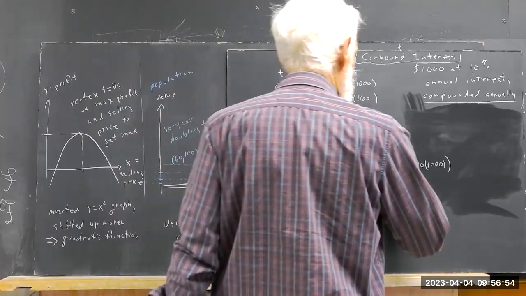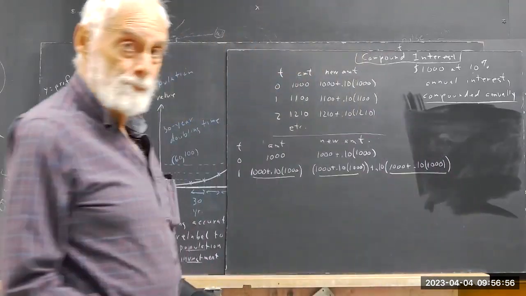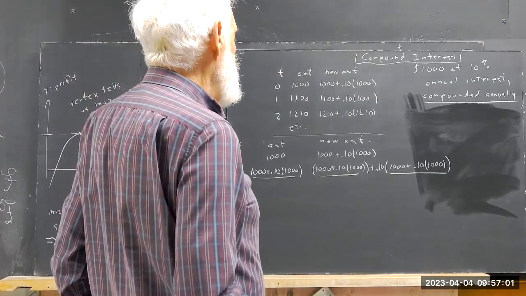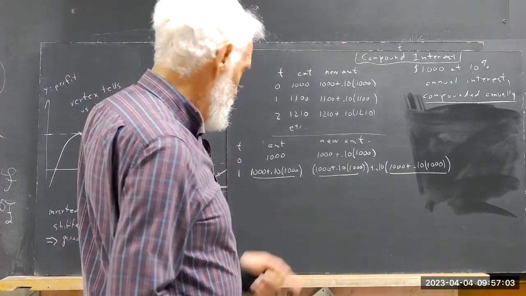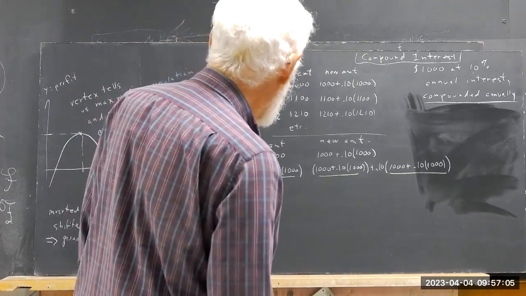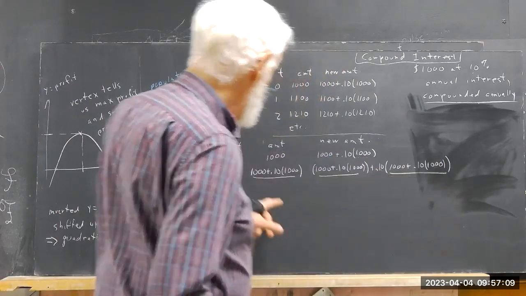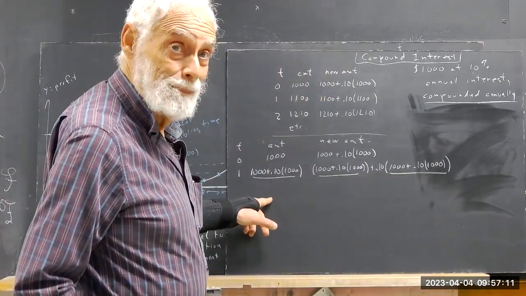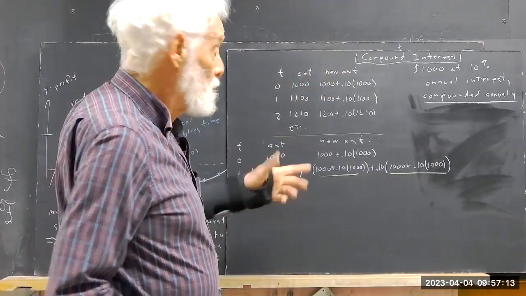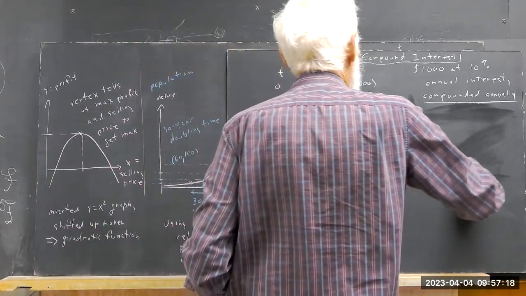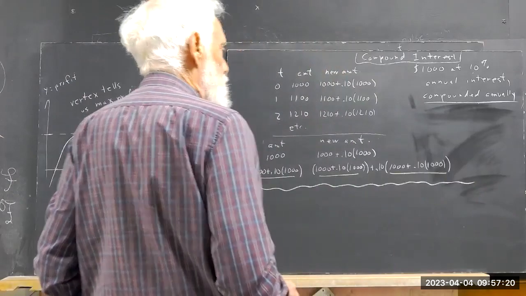And then here's 10% of the same thing. Now, the next step, my new amount is going to be all of this. And I don't have room to write it. I'm going to write it a little more briefly. And I'm going to make an observation.